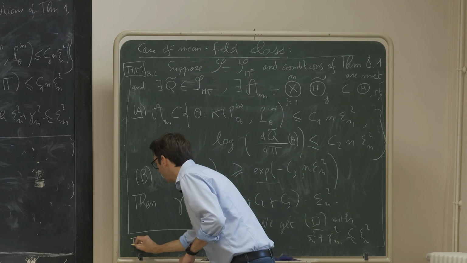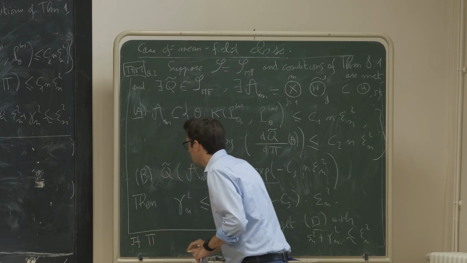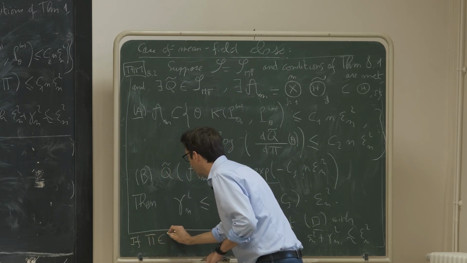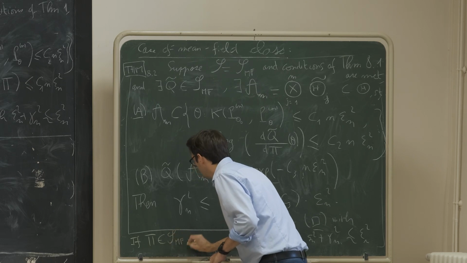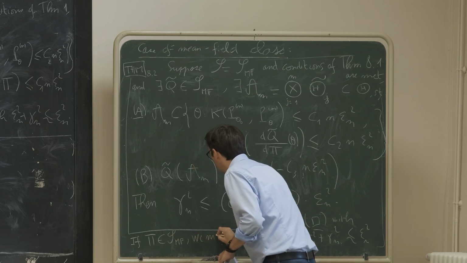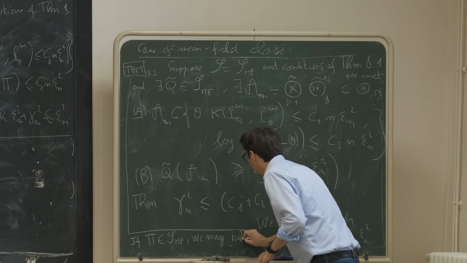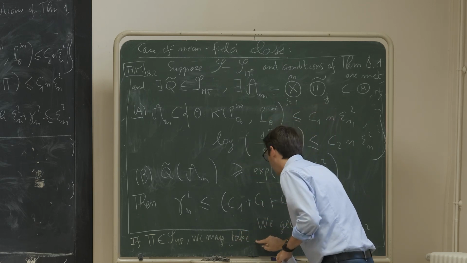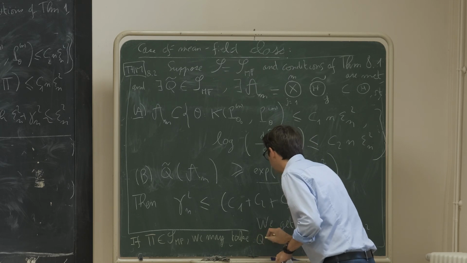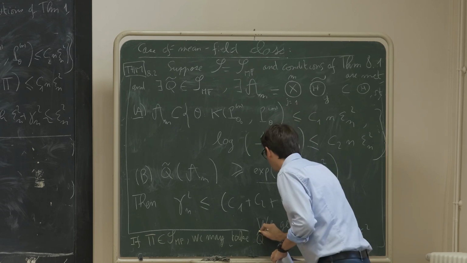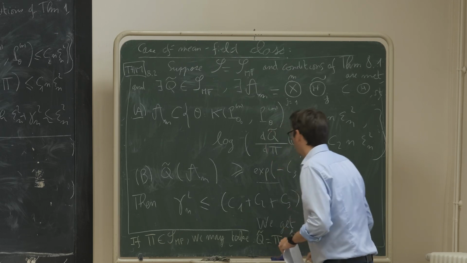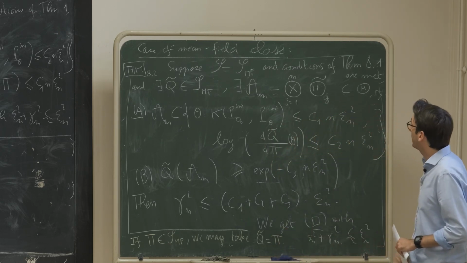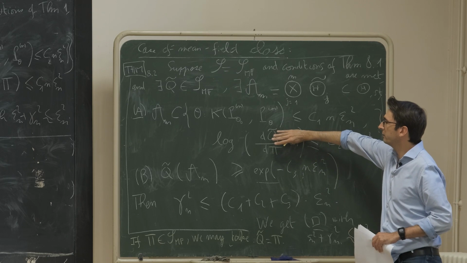A remark is that if pi belongs to the mean field class, we may take, why not, as long as it verifies the other conditions, q tilde equals pi. And if q tilde equals pi, then you don't even have this term.